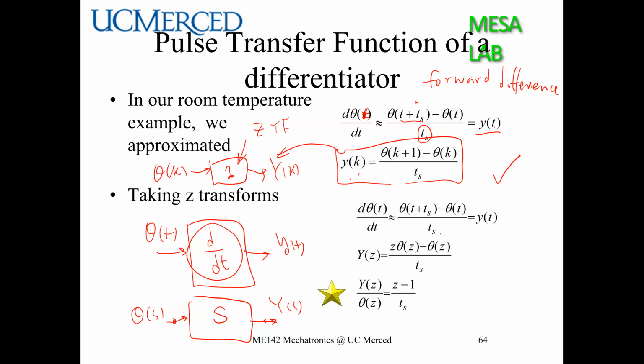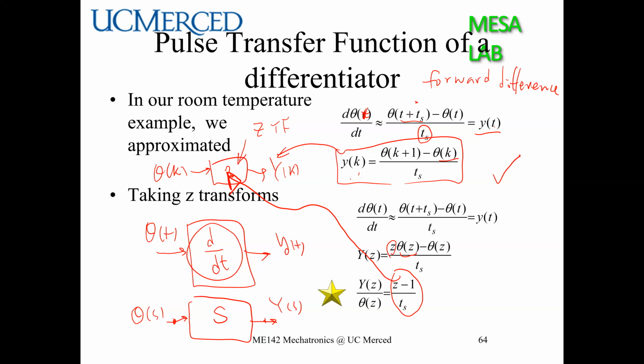YZ is theta z. This is also theta z, but you have a step in here. So in the end, this one is z minus 1 divided by T. You should put it inside here. That is my transfer function in the z domain. Okay.